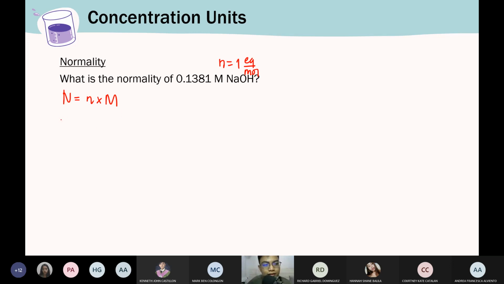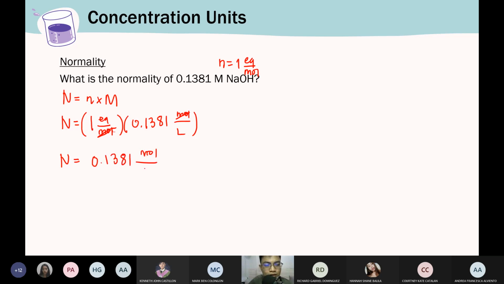Hopefully, clear tayo dun. So, to get the normality, that is just 1 equivalence per mole times the molarity, 0.1381 mole per liter. Kakancel yung mole, matitira ay equivalence. So, still 0.1381 equivalence per liter.